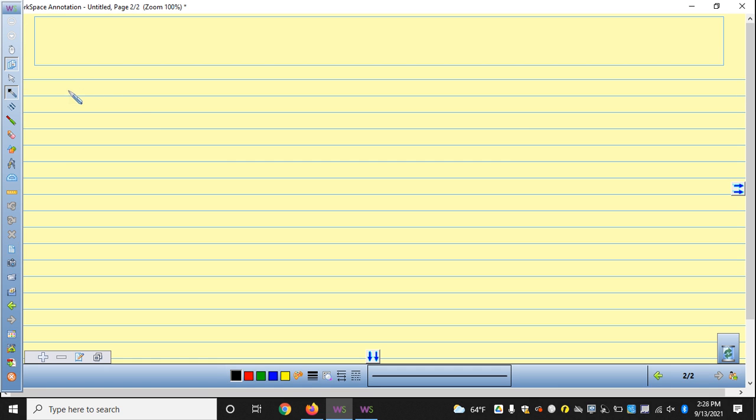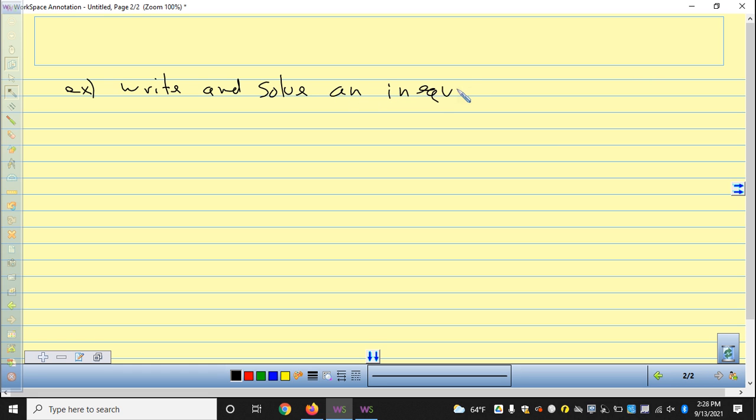Okay, let's look at a slightly different example. This is similar to the homework question on the board, problem number 58. So we want to write and solve an inequality. Let's say we have a 250 gig hard drive on our computer, and we've used 115 gig.